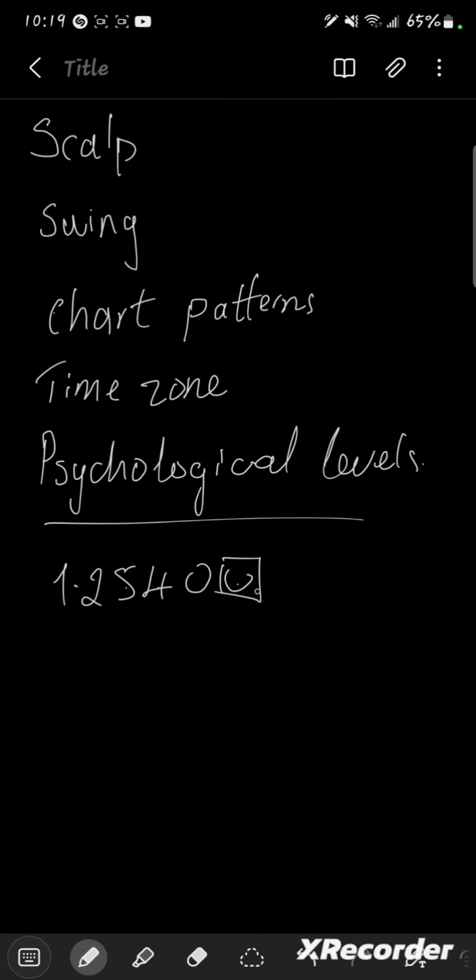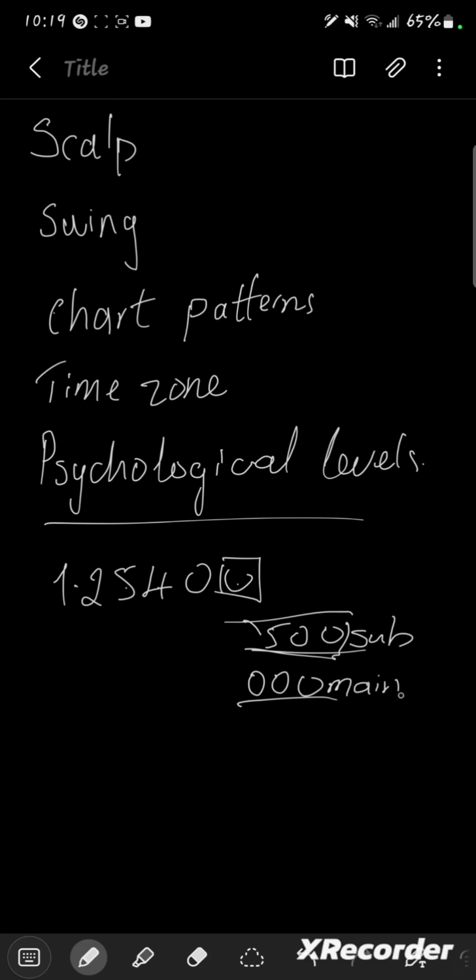We'll normally know the pipettes, and usually we eradicate the pipette, but in this scenario we'll just leave it like that. A psychological level should be a price value that ends with either 500 or 000, with 500 being the sub psychological level and 000 being the main psychological level. So you have the sub psychological and the main psychological.